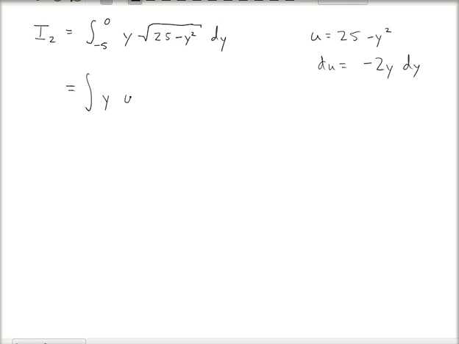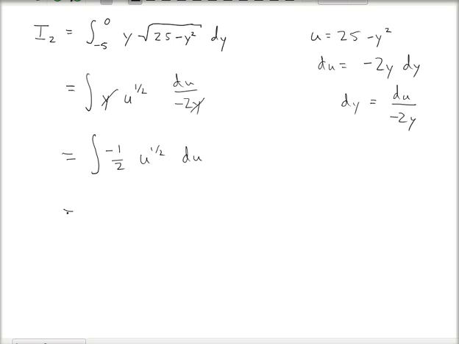Square root of u is the same as u to the 1/2, and then dy is going to be equal to, if I divide both sides by -2y, du over -2y. So my y's are going to cancel here, and I'm just going to be left with the integral of -1/2 u to the 1/2 du.